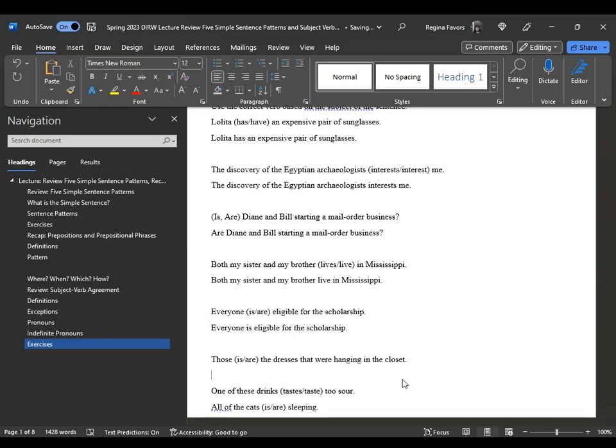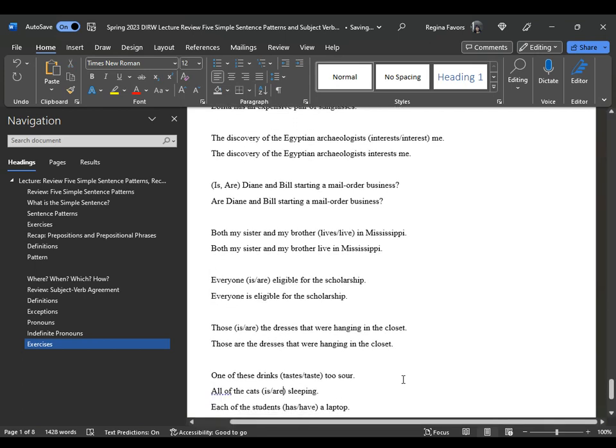Those is already in plural. So this, that would be singular. These, those would be plural. So those are the dresses that were hanging in the closet. So those is in plural. Therefore, the dresses is also in plural.